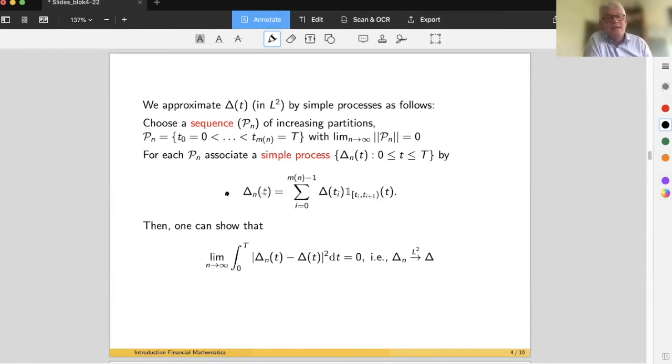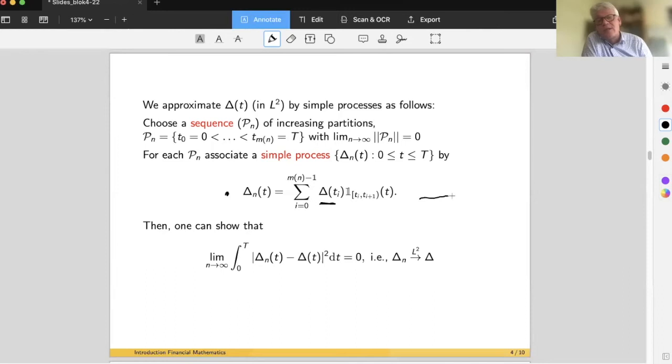Delta_n(t) is the sum, i runs from 0 to m_n minus 1, of delta at point t_i, again delta at the left side point, times the indicator function, which is 1 in the interval t_i to t_{i+1} and is 0 elsewhere.